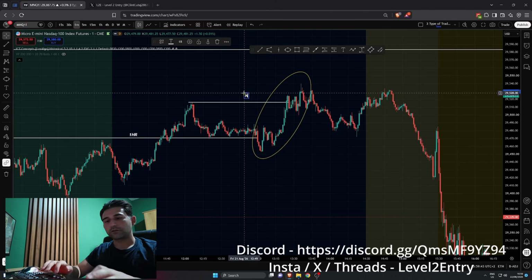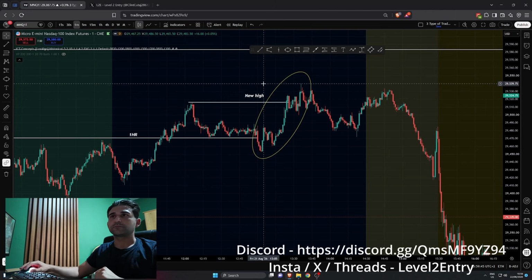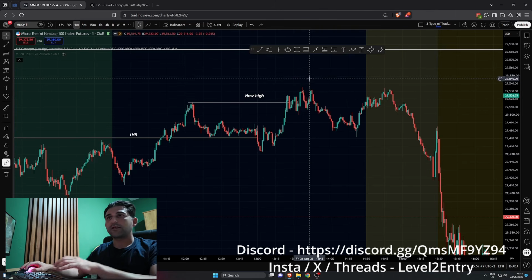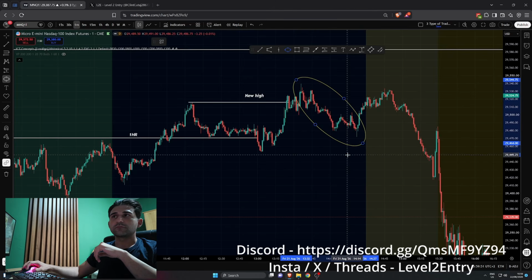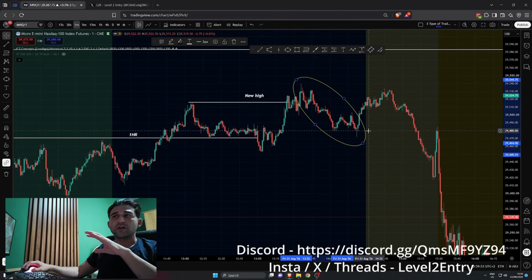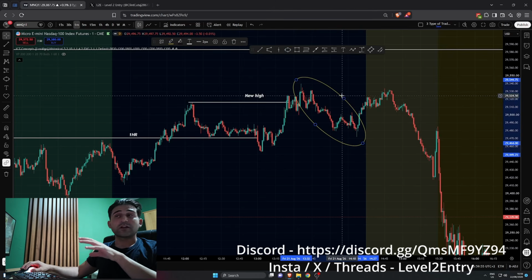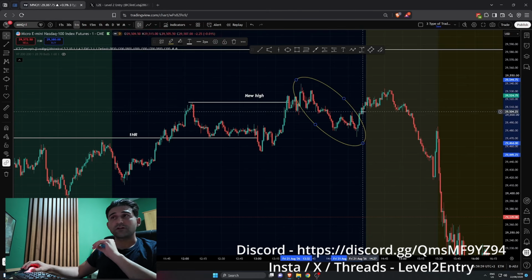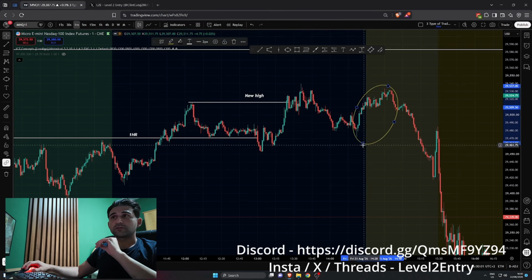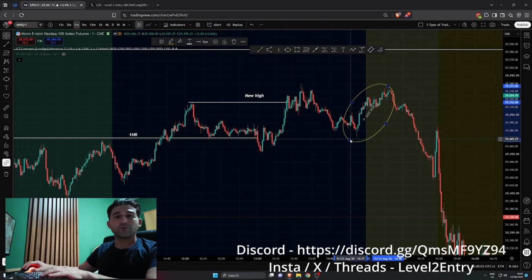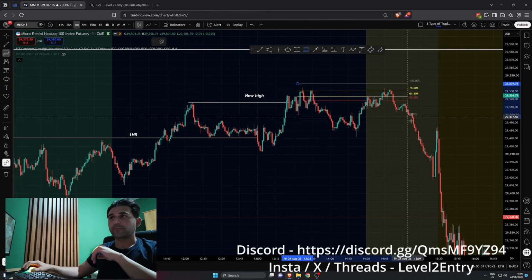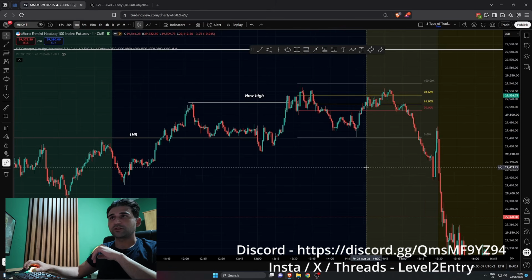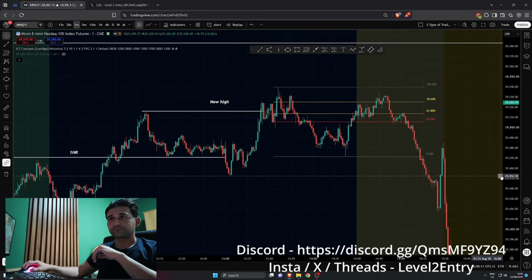Let's write new high, and again it made a bearish move. So once I have seen that bearish movement forming and it started to retrace like here, I have plotted my Fibonacci. So I've plotted my Fibonacci like this.